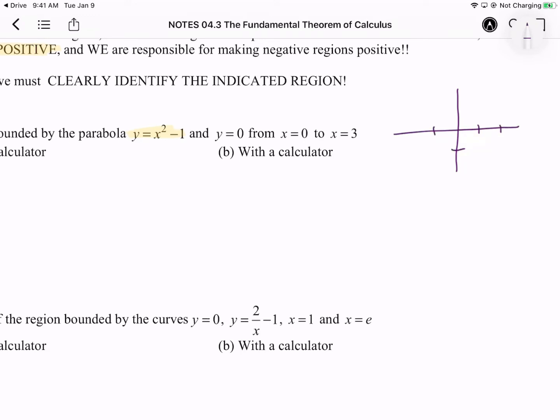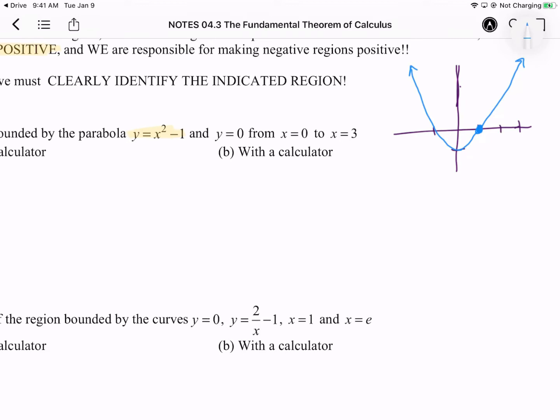And then this goes all the way to 3. So it's gonna be something like this. I'll do a different color, blue. Something like that. It's not perfect. What's actually important that I know is my x-intercepts. So I really just have to know my x-intercepts.